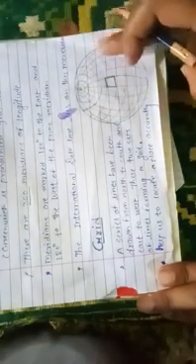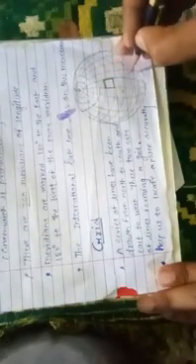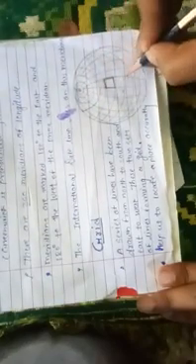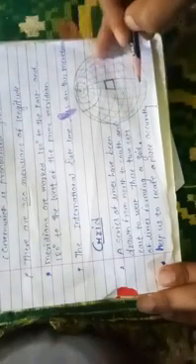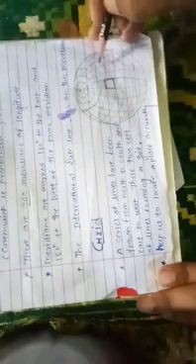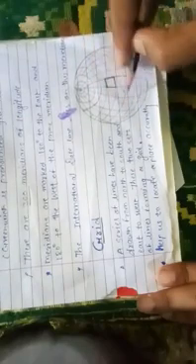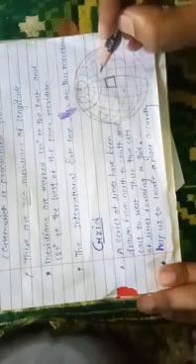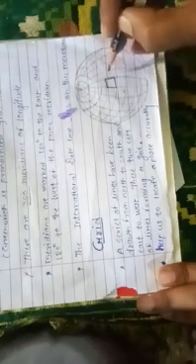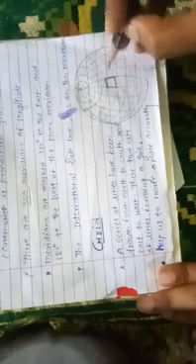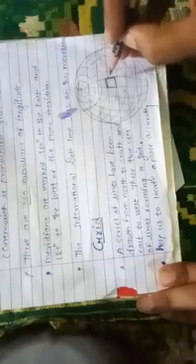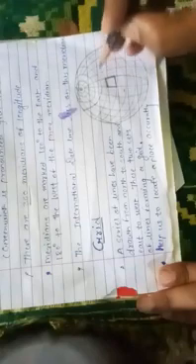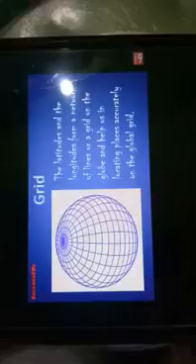To locate places on the surface of the globe, we need a reference point. That's why the grid is very important for the study of the earth.